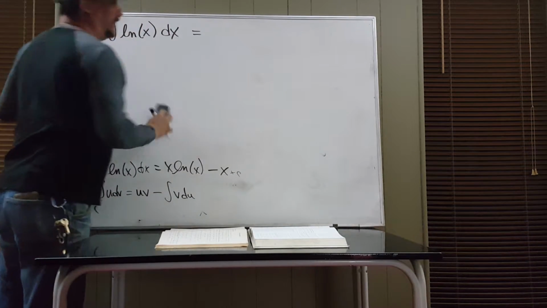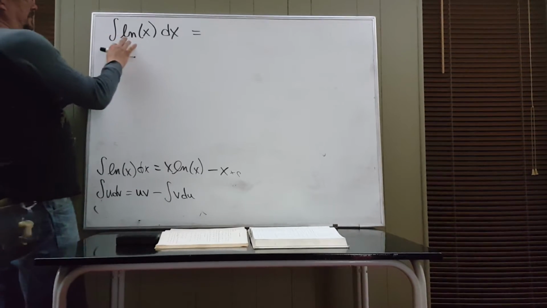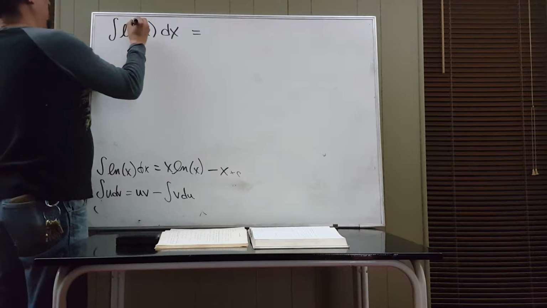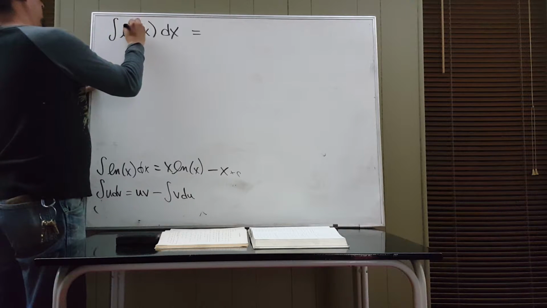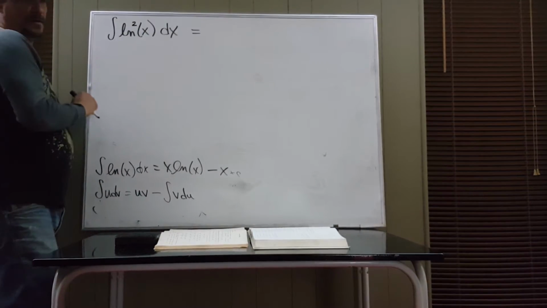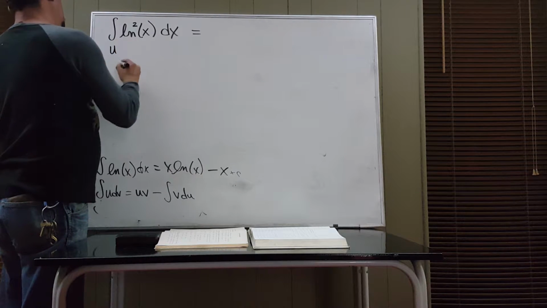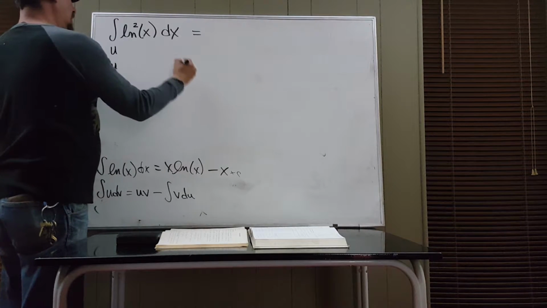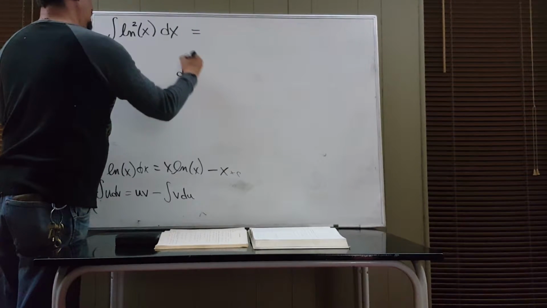And not much harder. Instead of the natural log of x, we're going to find the natural log of x squared. The antiderivative of the natural log of x squared. So I'll have a u, and I'll have a du, a dv, and a v.